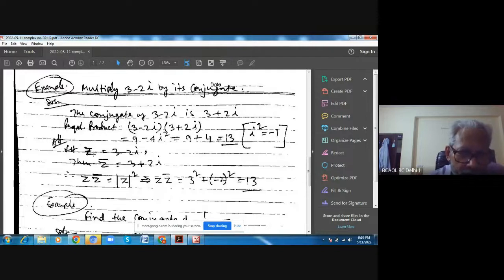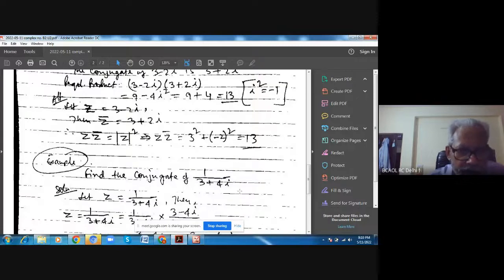Now the product of the complex number and its conjugate, that is also z into z bar, so the result is 13. Ultimately it is z square, so you get it, no problem. So this also you can do, both the processes are correct.